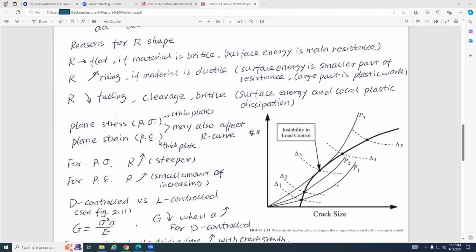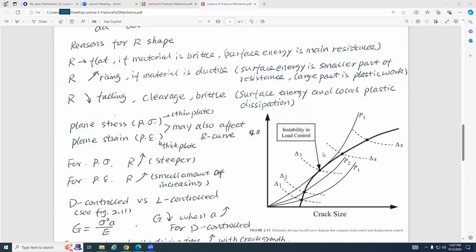So you can see that for the load control, the change of G is positive, right? You can see it's positive. However, for displacement control, it becomes smaller and smaller.